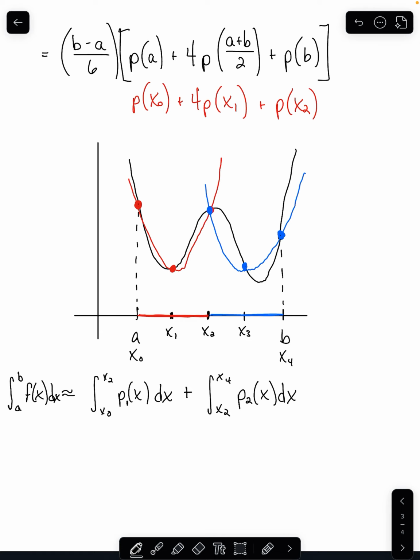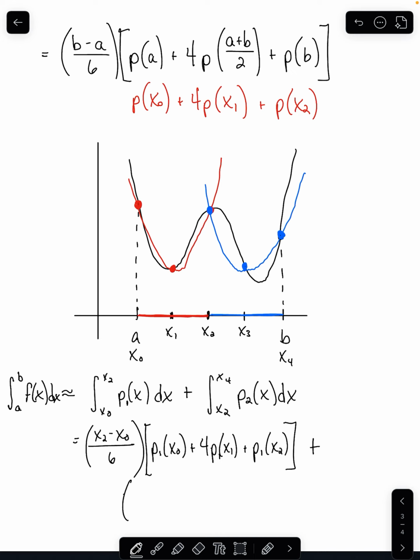So according to this, my area should be approximated by x sub 2 minus x sub 0 over 6 times p sub 1 of x sub 0 plus 4 times p sub 1 of x sub 1 plus p sub 1 of x sub 2.